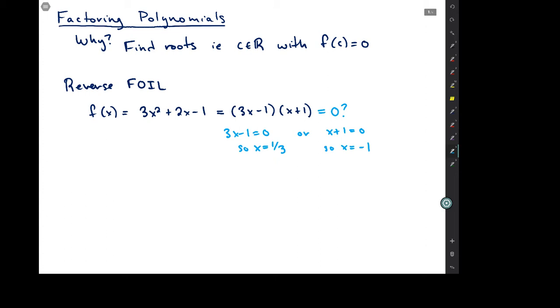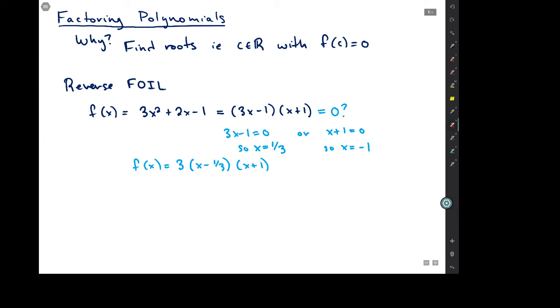The last thing that I'll leave you with on this method, and this is a bit of a teaser for later, is that we can write f of x as 3 times x minus 1/3 times x plus 1. If I distribute that 3 to the x minus 1/3, I get the 3x minus 1.